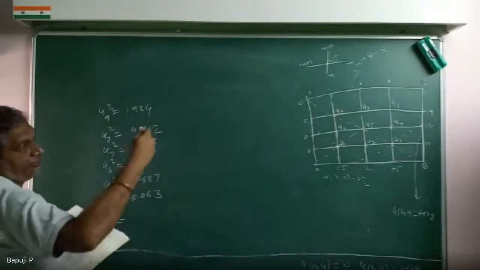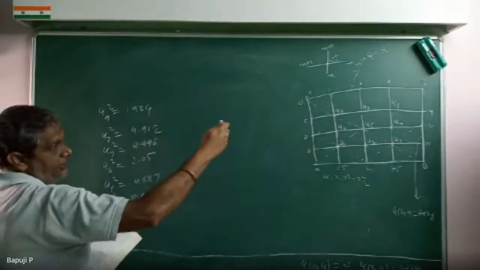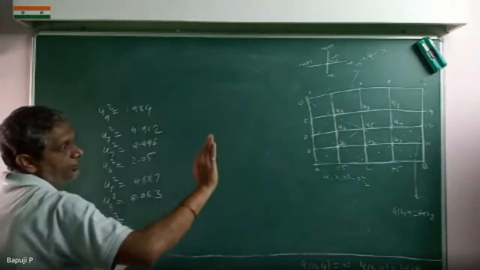So the way you are finding, first U9, U9 to U7, then U6, U5, U7, U4, U1, U2, U3 by Liebmann's method.